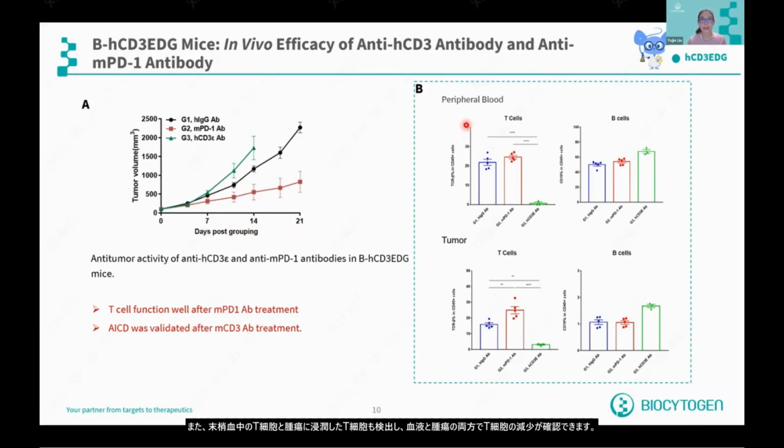We can also detect the T cells in the peripheral blood and the T cells infiltrated in the tumor, and we can see a decrease of the T cells both in blood and tumor. So these mice work well both in vitro and in vivo.